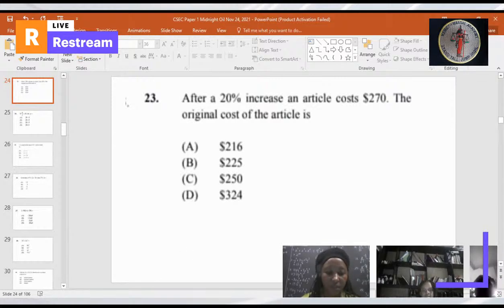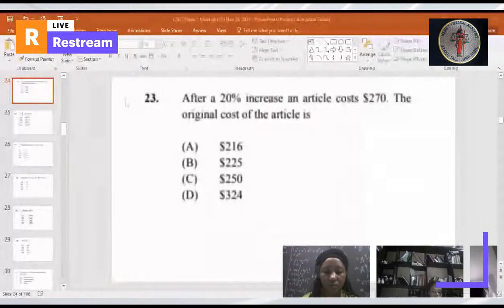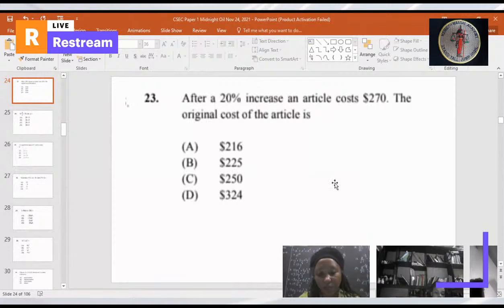Number 23. After a 20% increase, an article costs $270. The original article is 270. All right, so this is kind of like what you were asking about a while ago, Imani.